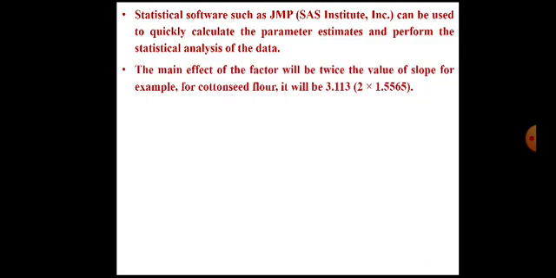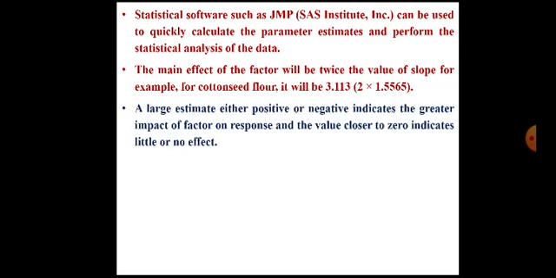The main effect, or the influence of the factor, will be twice the value of the slope. For example, in case of cottonseed flour, it will be 3.113, that is double the slope, 1.55.